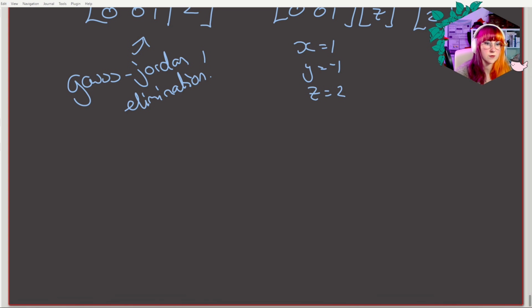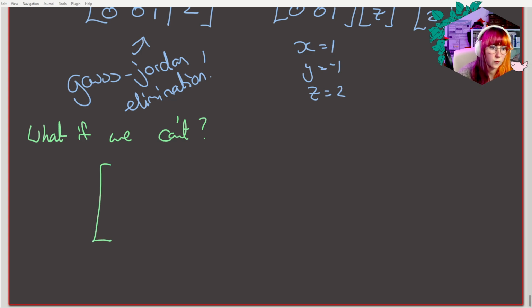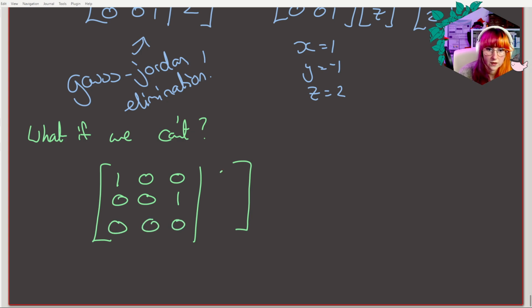So say we have a system of equations that we eventually get down. So what if we can't? So say we get down and we have something that looks like this, and we have 1, 0, 0, 0, 0, 1, 0, 0, 0, 3.